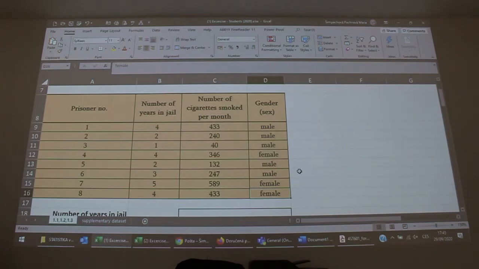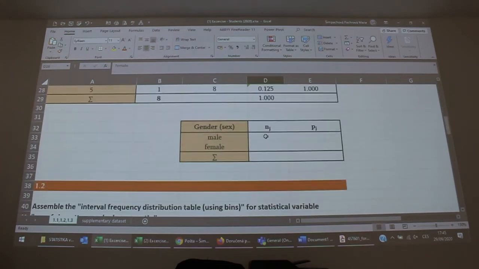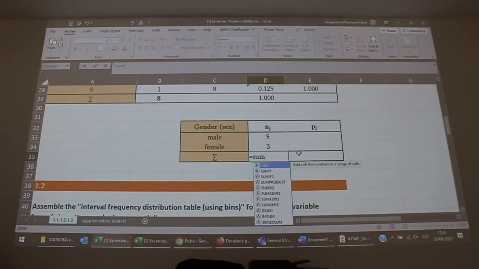And we are able to calculate relative frequencies on the basis of absolute frequencies. So you can write here value 5 and value 3, 5 males, 3 females. And if you write here equal sign sum, it's all the numbers in a range of cells.